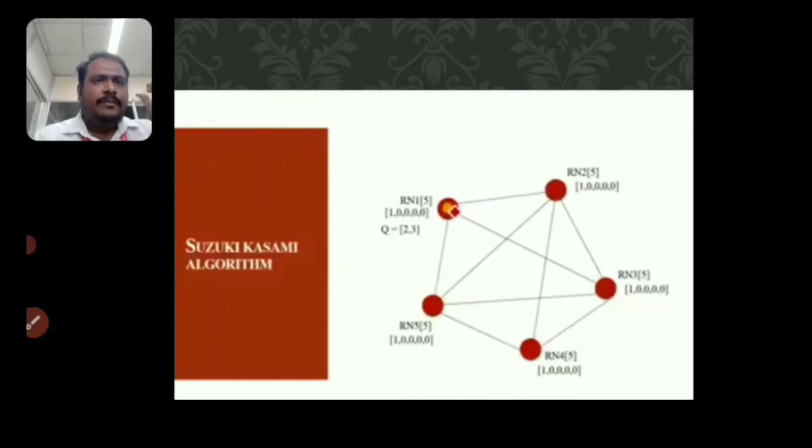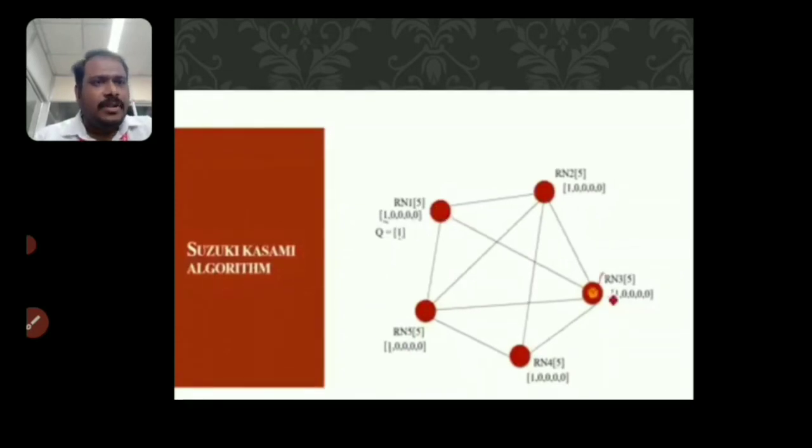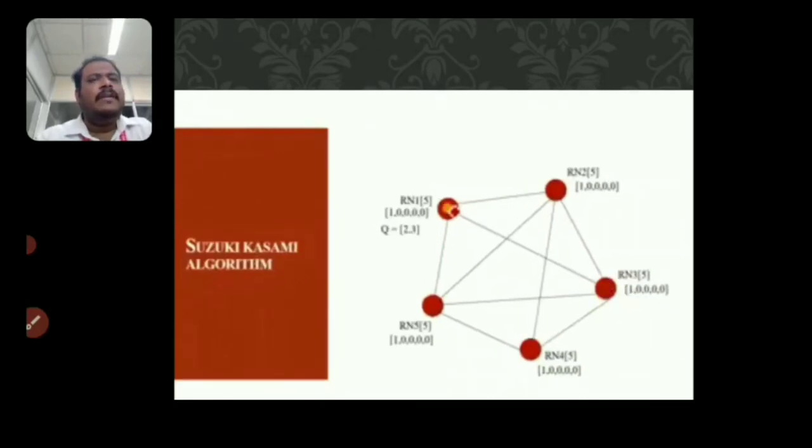Okay, right. Now have a look here. It is broadcasting a message. After receiving this message, this particular site Rn3 provides the token to Rn1.